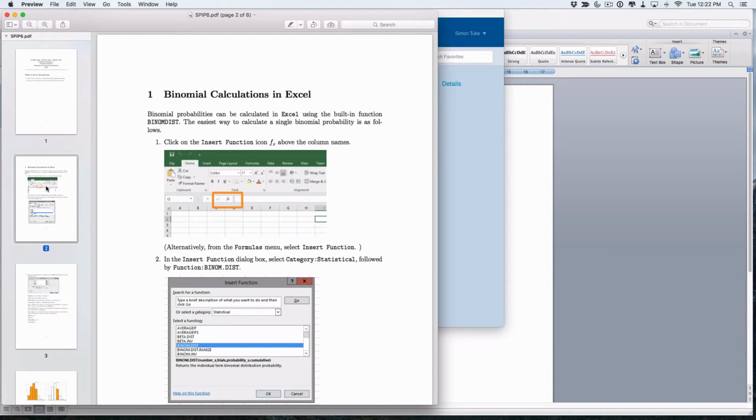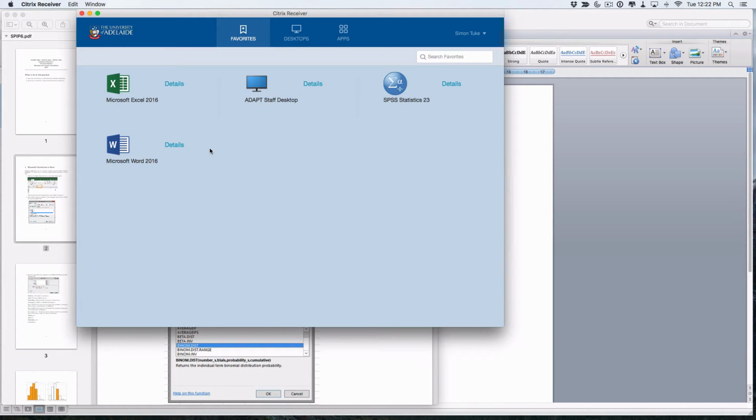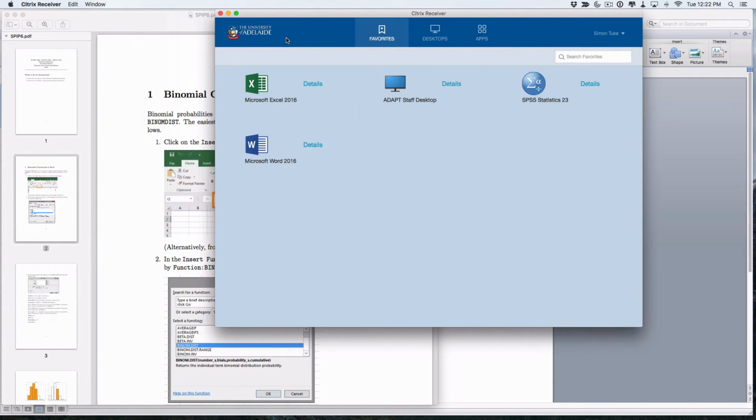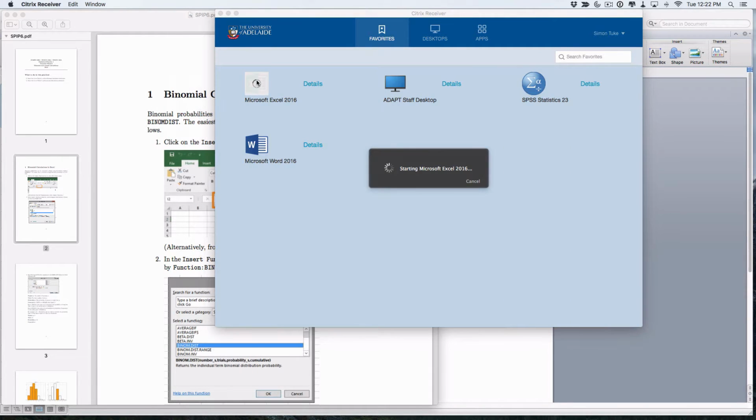The whole idea is you've got a fixed number of trials, and for each trial you have success or failure. So, don't do these in SPSS. You can do them on your scientific calculator, but in case you don't have it, I'm going to show you how to do it in Excel. So, first of all, here's my app, Excel, so we'll double click on that and get that going.